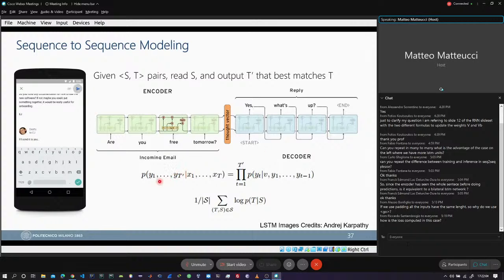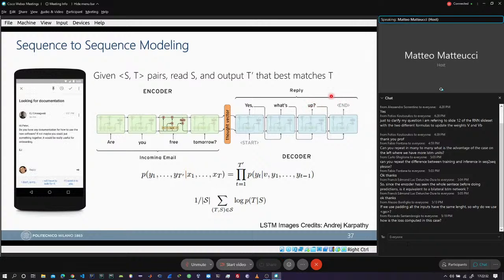So the likelihood of the sequence is the probability of yes given start, times the probability of what given yes, times the probability of up given what, and the probability of end given up.